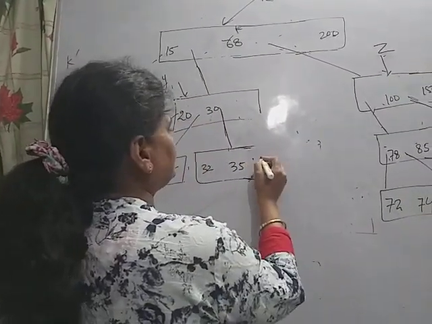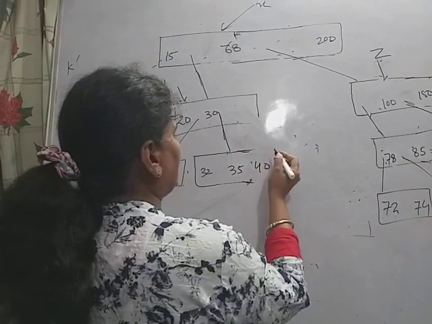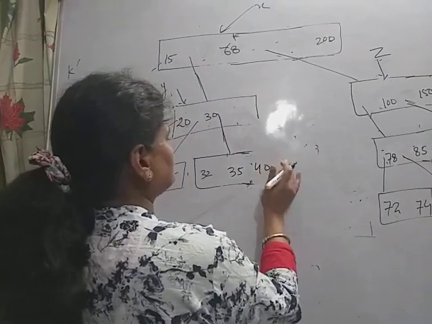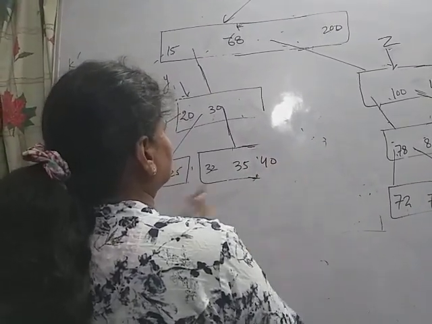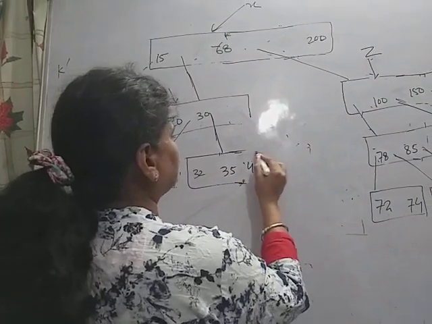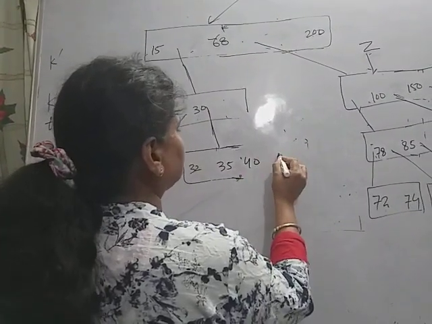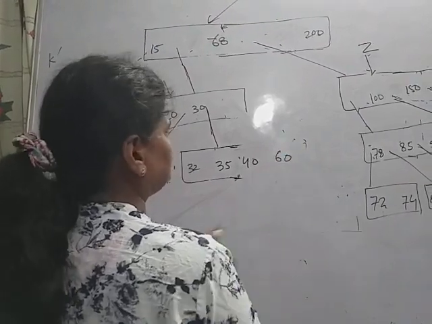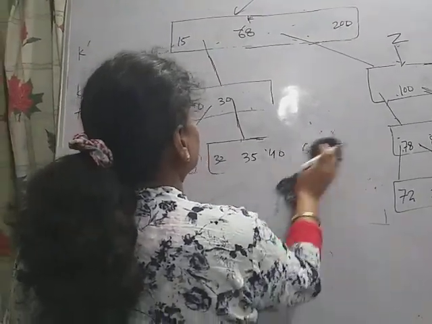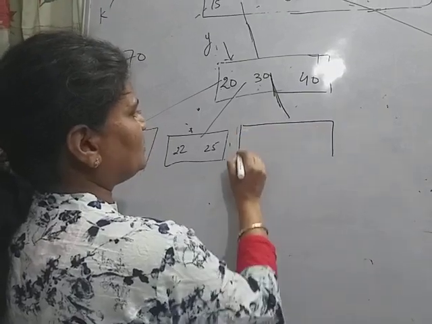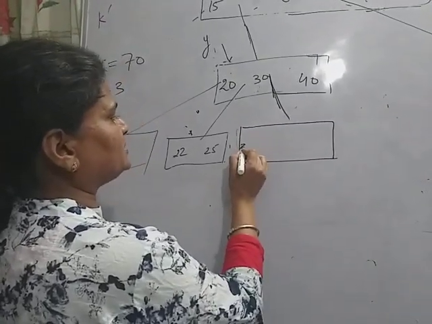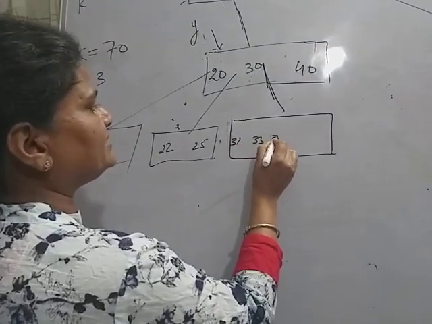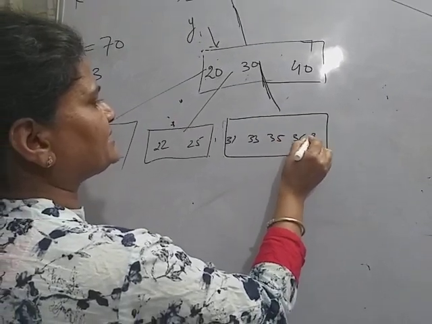Suppose this is the case. Here this is 40 and this is 60. Suppose this node is already full: 31, 33, 35, 36, 39.